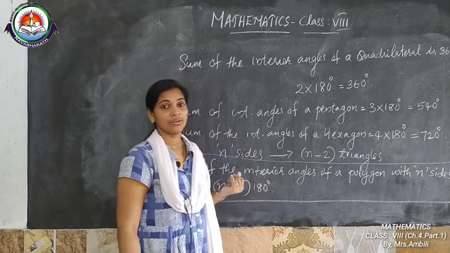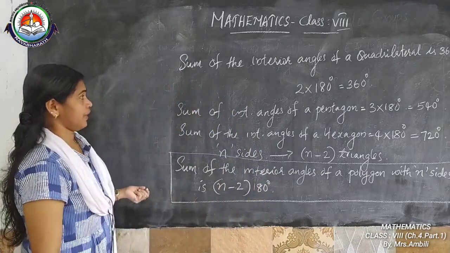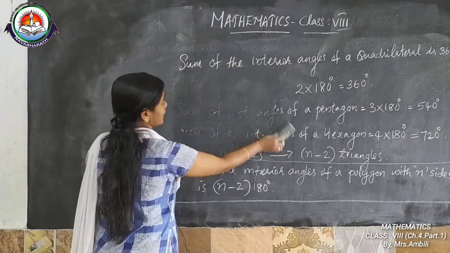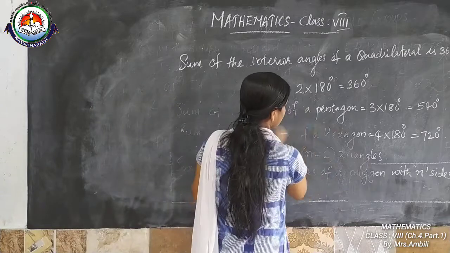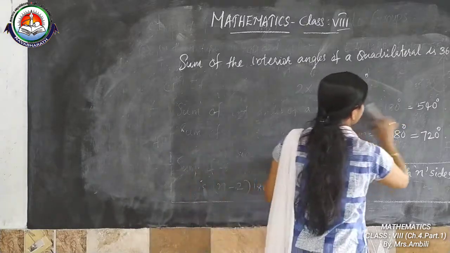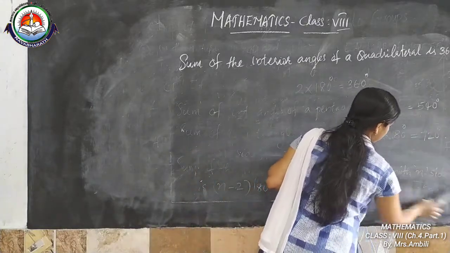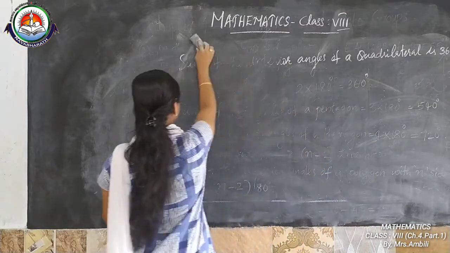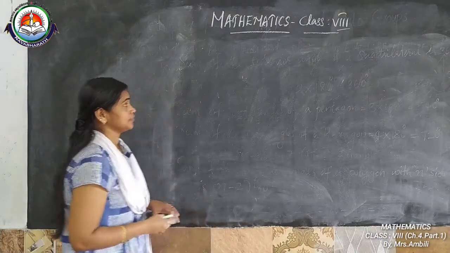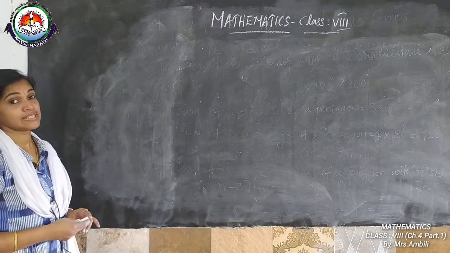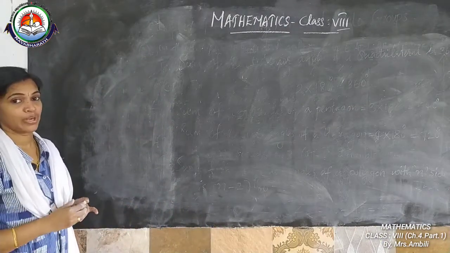Clear? Okay, next we are going to find the sum of the exterior angles of a polygon. Okay.